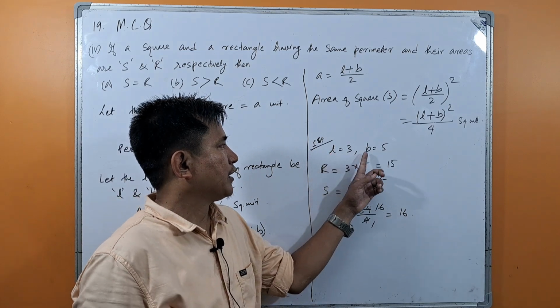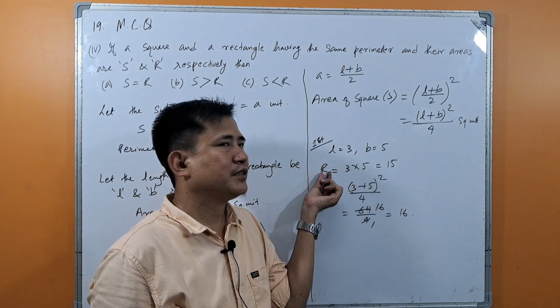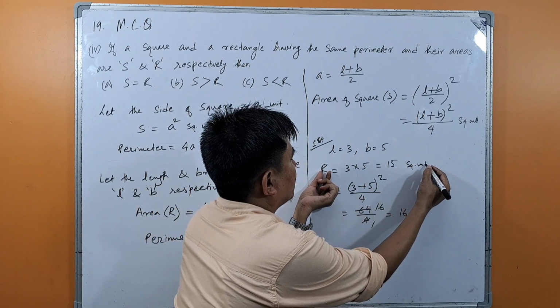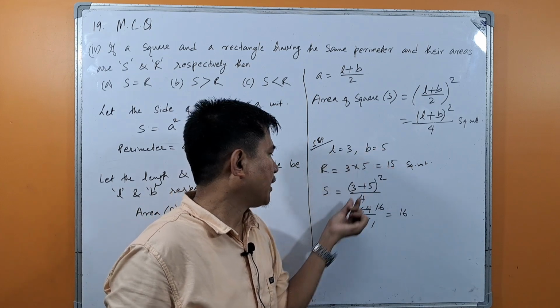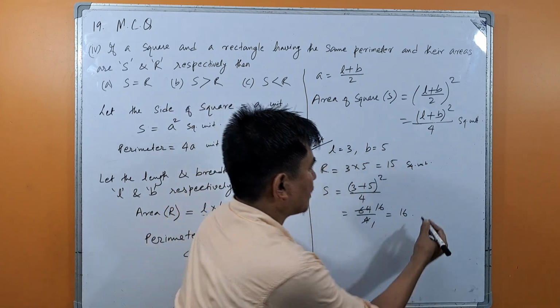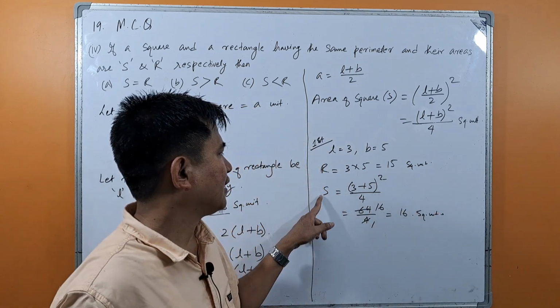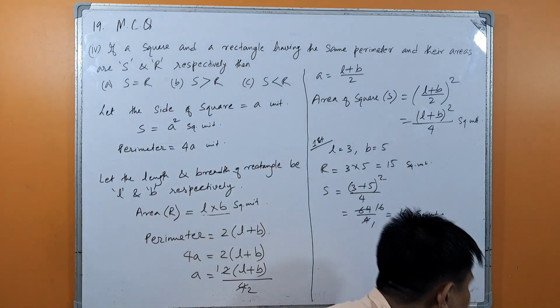When L was 3 and B was 5, we got R as 15, R meaning area of the rectangle, 15 square unit. In the same case, we got S equal to 16 square centimeter. This clearly indicates that S is greater than R, isn't it? Let us take another example.